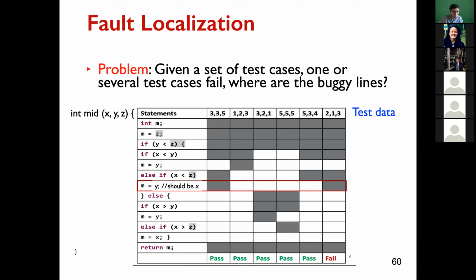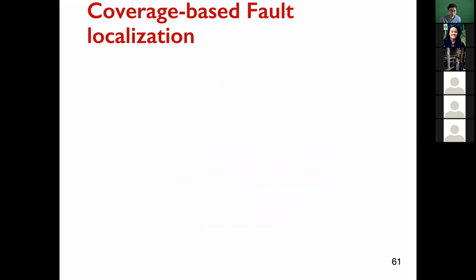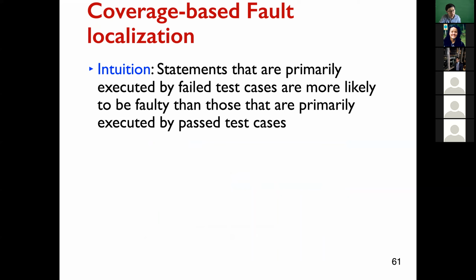So actually what we can do is rely on a score or a metric here. Let's discuss the metric, okay? Coverage-based fault localization. The intuition is: statements that are primarily executed by failed test cases are more likely to be faulty than those that are primarily executed by passed test cases.